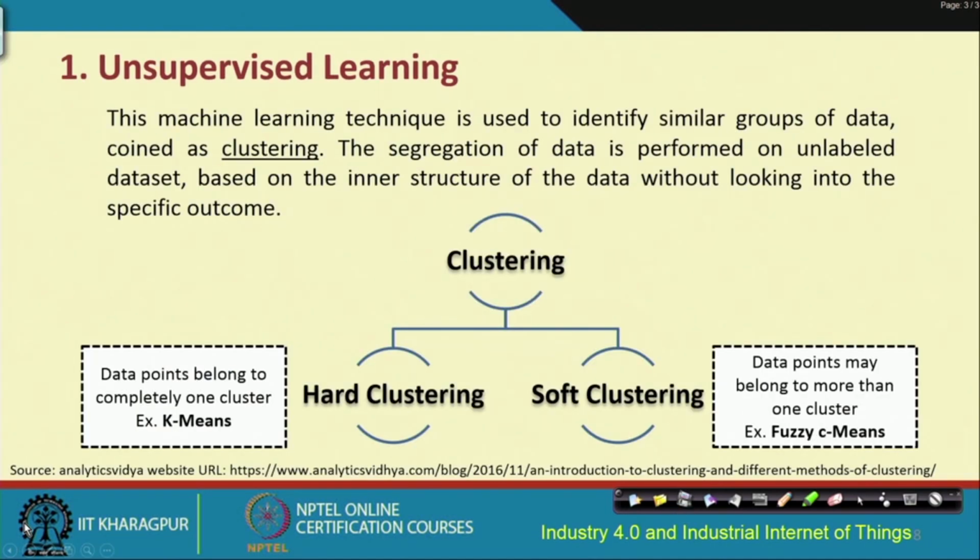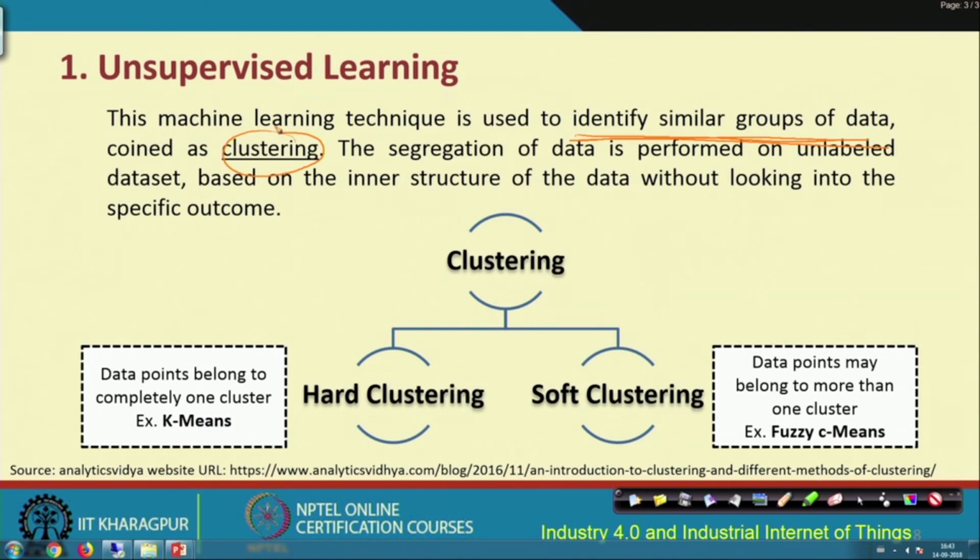So, in unsupervised machine learning, what you try to do is you try to identify similar groups of data, and this process is known as clustering. Clustering is a popular unsupervised learning technique, and this basically will help you to classify the data into similar groups.